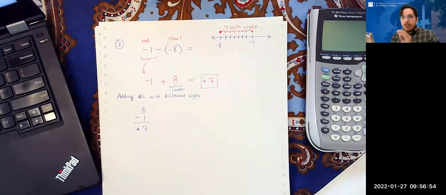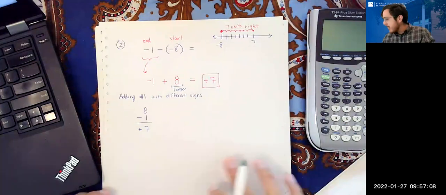But see how both of those techniques lead you to the same answer. So if you can work a problem two different ways and you get the same thing, then chances are you're doing the right thing. You're getting the process down.